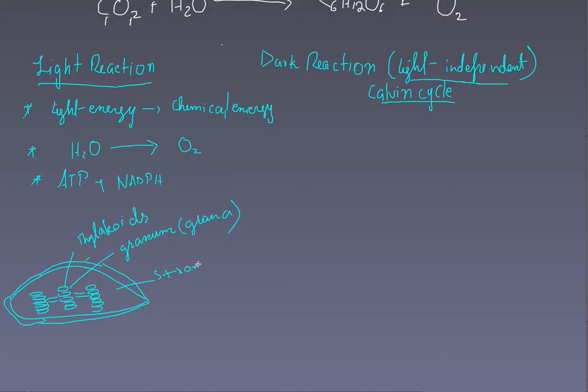Now, light reaction occurs in the membranes of the thylakoids. So if I were to zoom in right here, this is actually the membrane of the thylakoid, so the light reaction is occurring in the membranes of the thylakoid, whereas the dark reaction is occurring in the stroma. So let me draw it here.